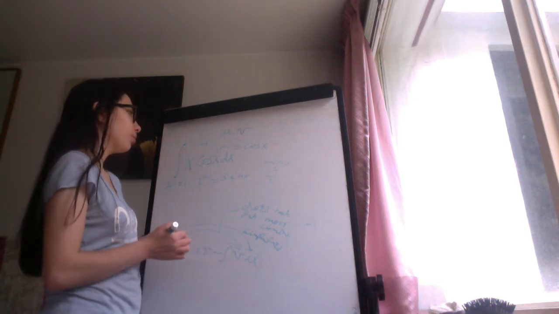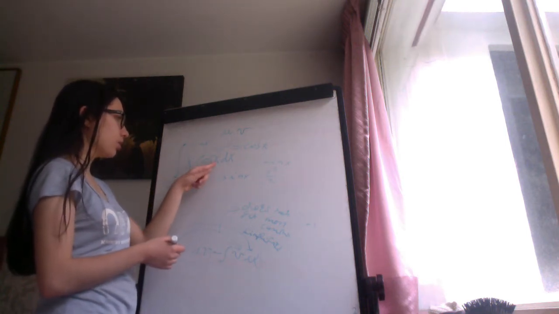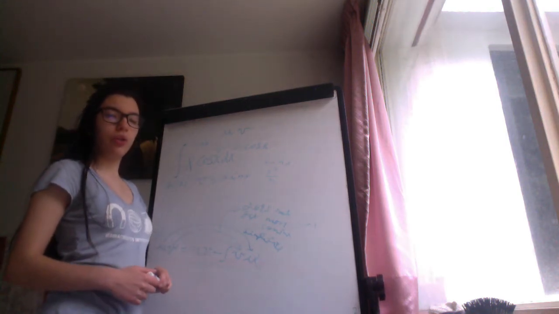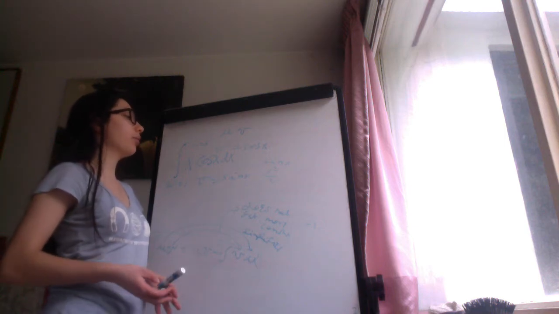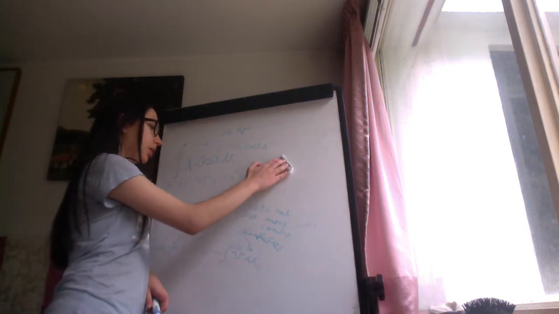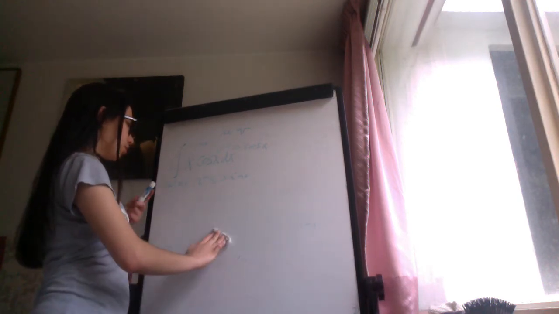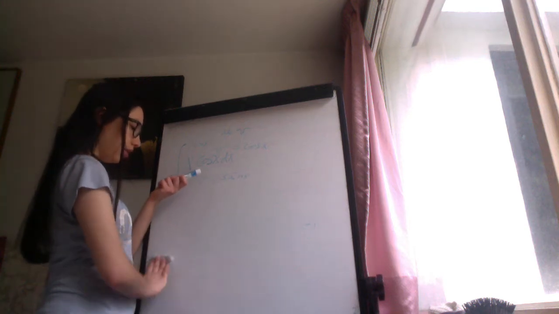So we prefer to use x as u and cosine x as v prime. In this video, what I wanted to show is how we decide which one will be v prime and which one will be u. Now that we know u is x and v prime is cosine x, we know u prime is 1 and v is sine x.